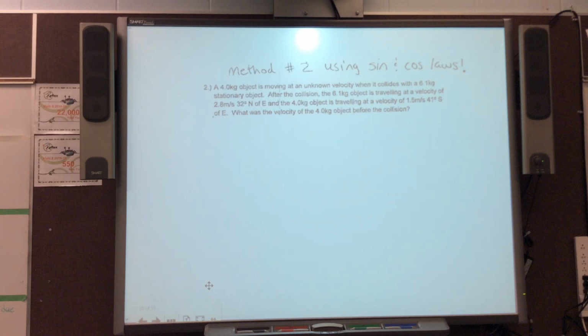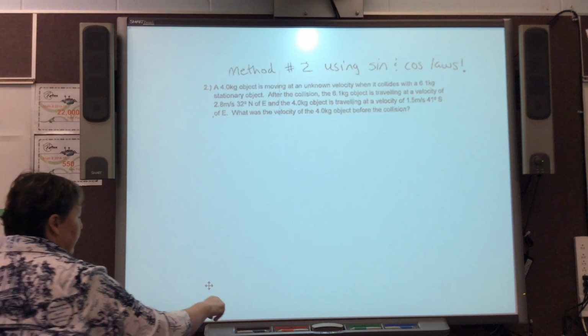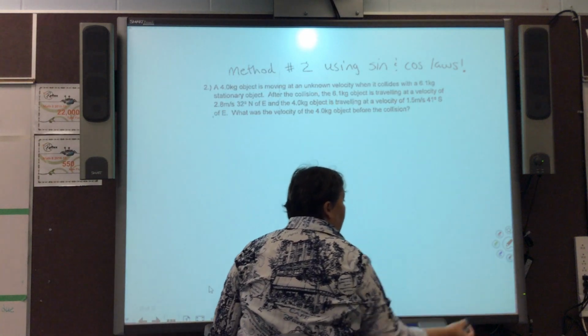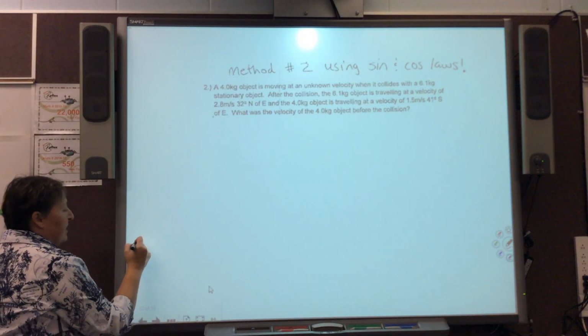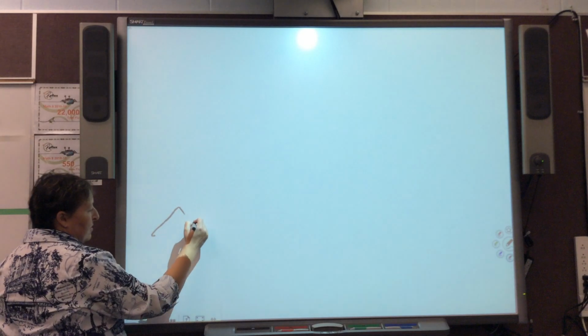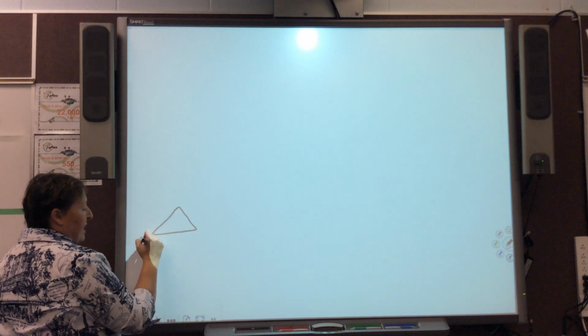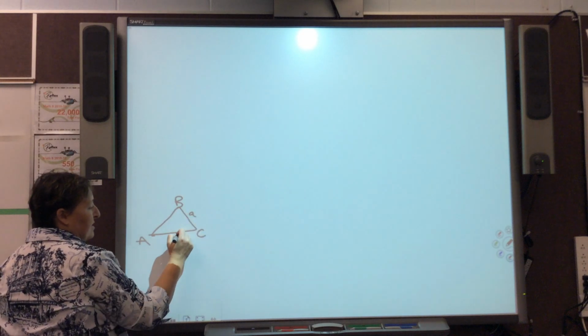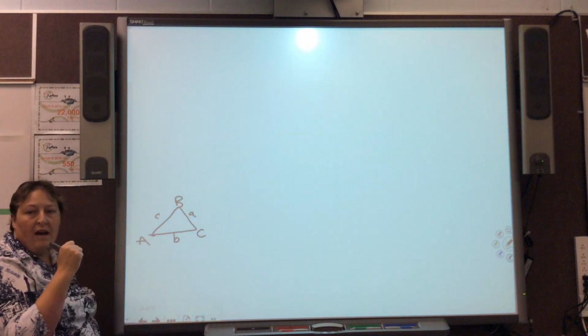I'm going to reintroduce the cosine law to you guys, and then we're going to solve the problem. So remember when you have, I'll just write it over here, when you have your triangle like this, and this is A, this is B, this is C. Do you remember that?